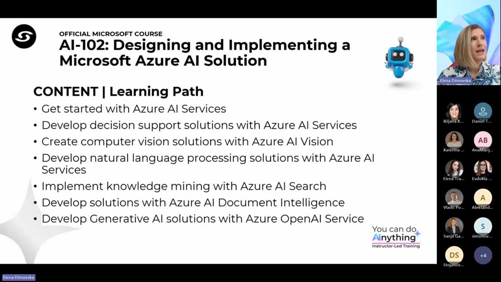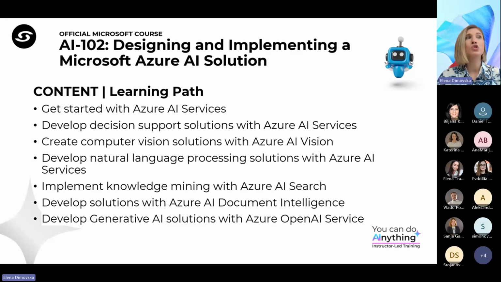And last but not least, AI-102, which is actually an advanced type of course. Here you are going to learn from an engineer's perspective how you can develop decision support solutions with Azure AI services, create computer vision solutions, and develop some natural language processing.